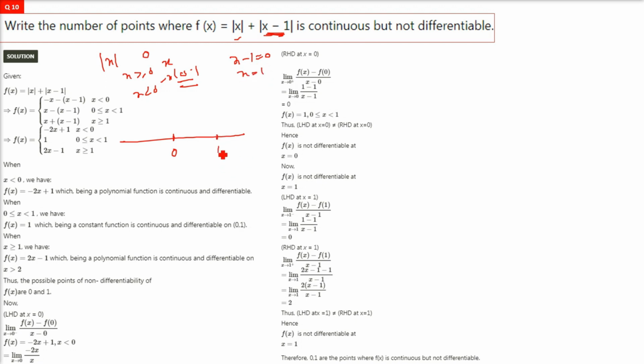So there are 3 intervals here. One is from negative infinity to 0, that you can call x less than 0. Then we have between 0 and 1. Then we have the values from 1 to positive infinity, or you can just call it x greater than 1.